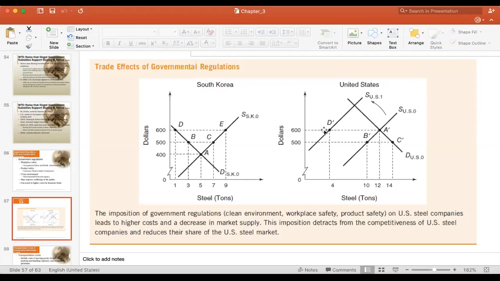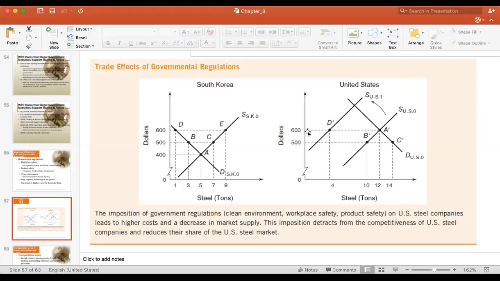Let's go to the US and check what demand and supply are telling us. Okay, we will put 600 because that's what Korea expects to charge. And let's see at 600, given the new supply curve, how many tons of steel will the US produce? 4 million. 4 million, correct?